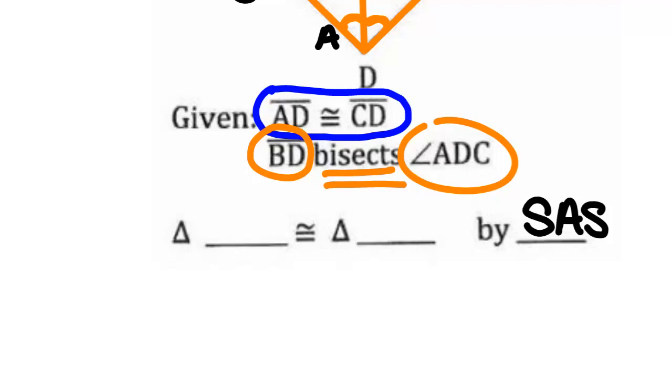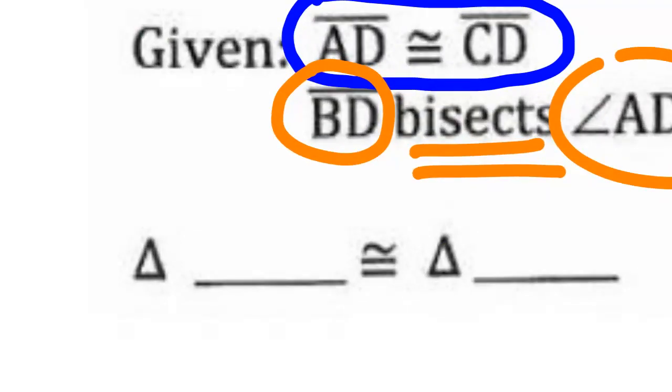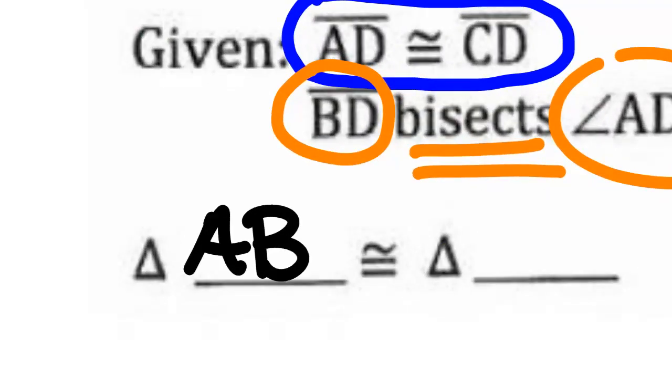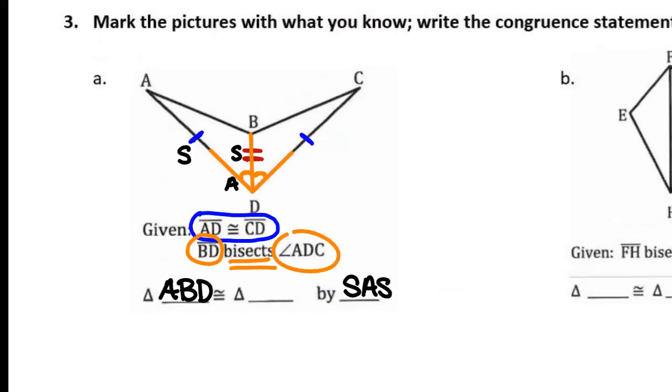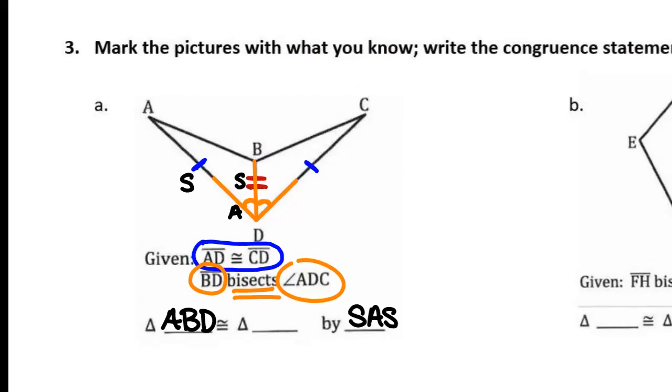What do you want to call the first triangle? The order that we name the letters in does not matter on my first one. ABD. Sounds good. Triangle ABD. I have to make sure to match up my corresponding parts. So A is out here by himself. C, B, D, yes.